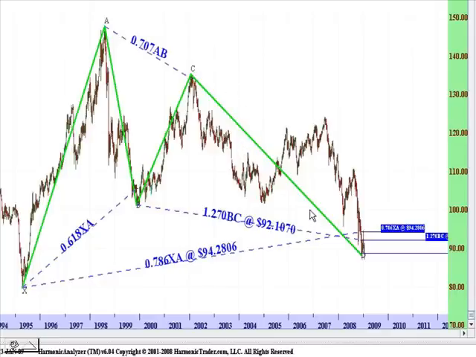Now, the interesting thing is that although it took several years longer than the ideal ABCD, that is A to here, B to here, and then taking that move, projecting an equivalent move down off of the C high point, probably would have given you a time symmetry of somewhere around 2003, 2004.